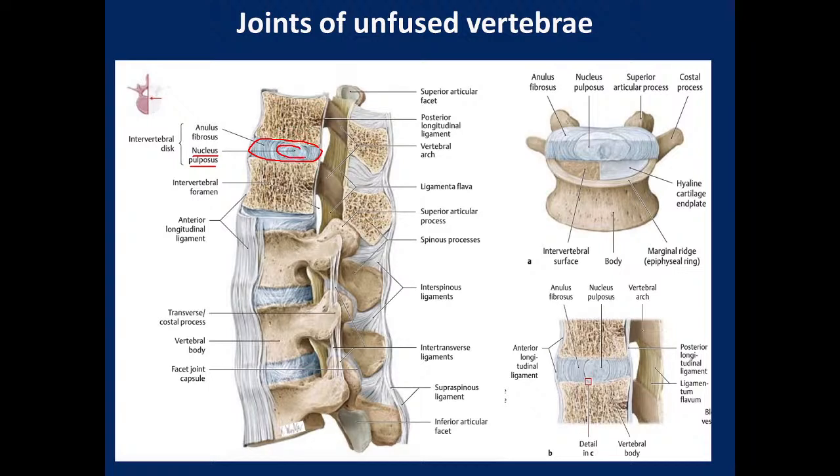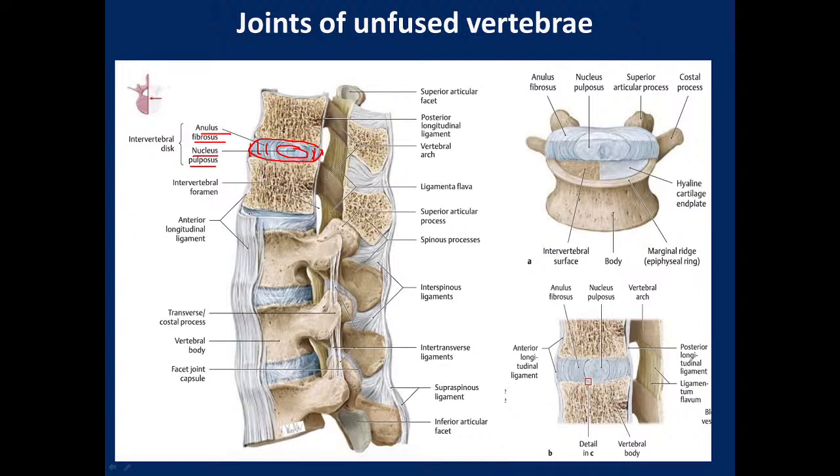This is a small part. It is like a liquid, but the strong part of the intervertebral disc we call annulus fibrosus, and that consists of connective tissue fibers.